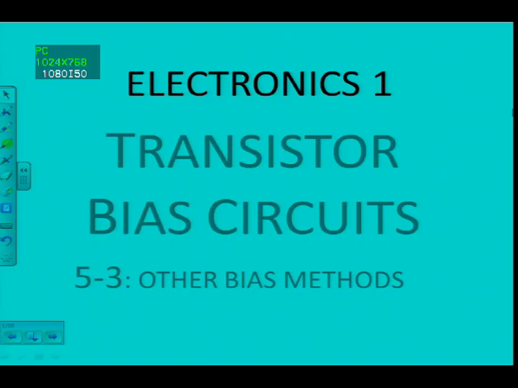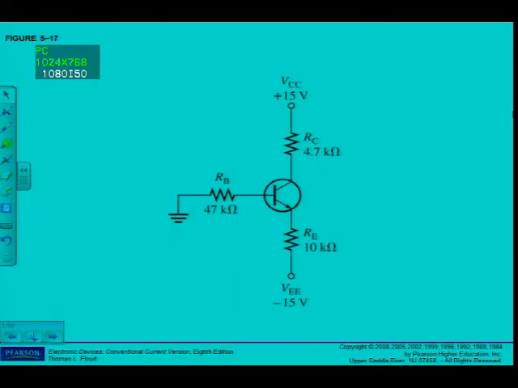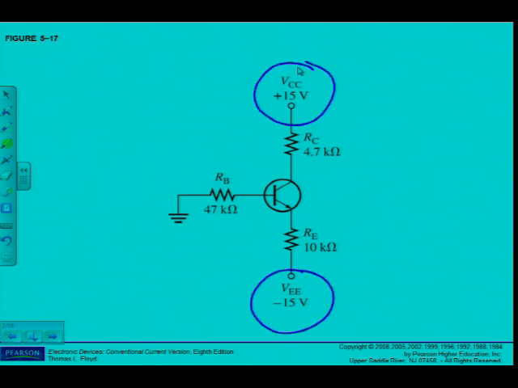Let's just go to that circuit. You can see here in this specific circuit, the emitter biasing, I have two voltage supplies again, positive VCC and a negative VEE.